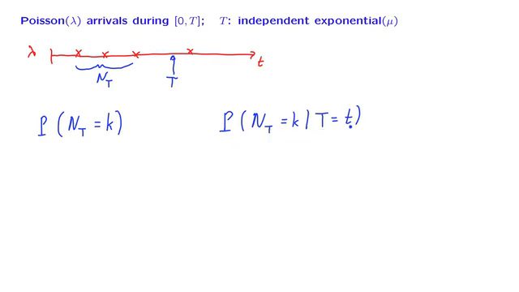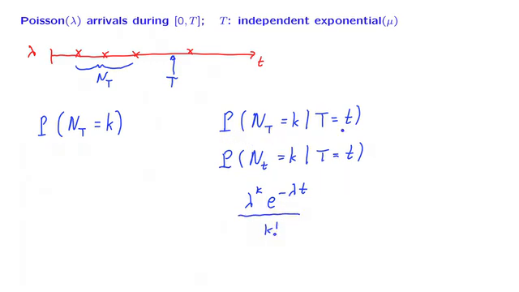Well, if I tell you that capital T is equal to little t, this probability is going to be the same as the probability that N_t is equal to k, where N_t is the number of arrivals until time little t. But the number of arrivals until a certain time is a Poisson random variable, so we do know what this probability is. It is (lambda t) to the k, e to the minus lambda t, divided by k factorial.